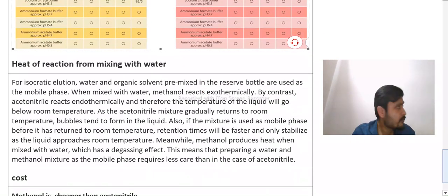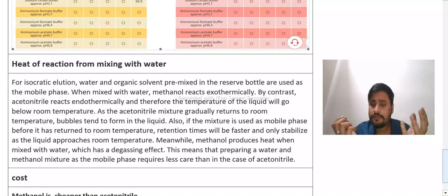Next, heat of reaction from mixing with water. In isocratic elution, water and organic solvent are pre-mixed. So if we mix water and methanol, what do we get? We get an exothermic reaction, which means heat is evolved. And if we talk about the water-ACN mixture, if we mix water and ACN, we get an endothermic reaction, and an endothermic reaction cools the temperature.